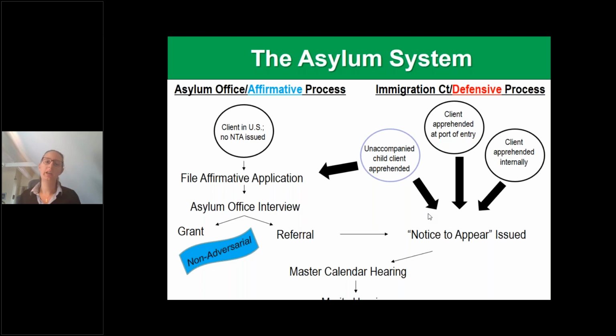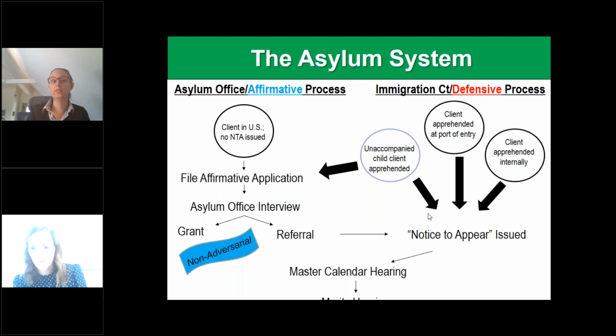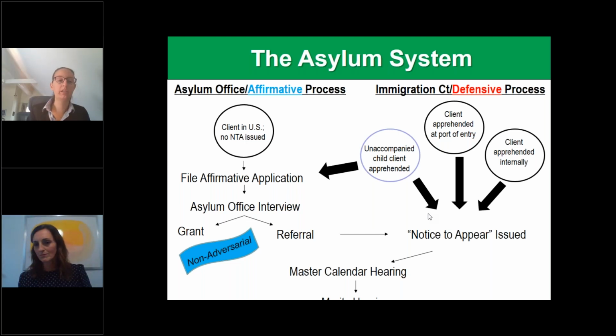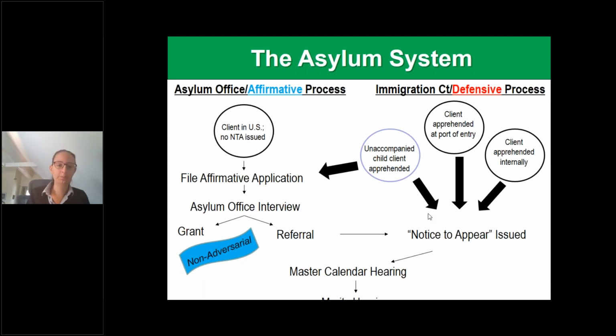Monday, but the asylum system basically has two different tracks, and your client is going to be in one of the two. So there's the affirmative process, which is for if your client is not in removal proceedings, and that happens at the asylum office, which is part of USCIS. That is a non-adversarial process, which means you're not going to have opposing counsel, you're not going to be in front of a judge.